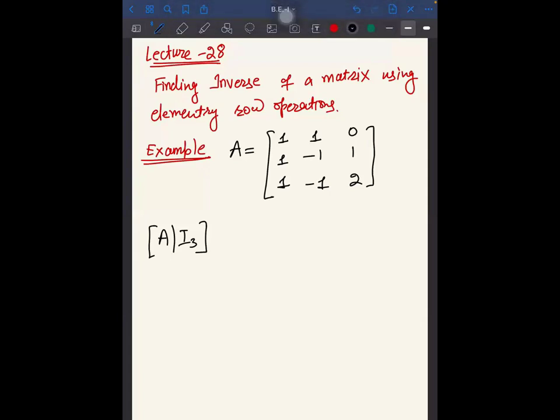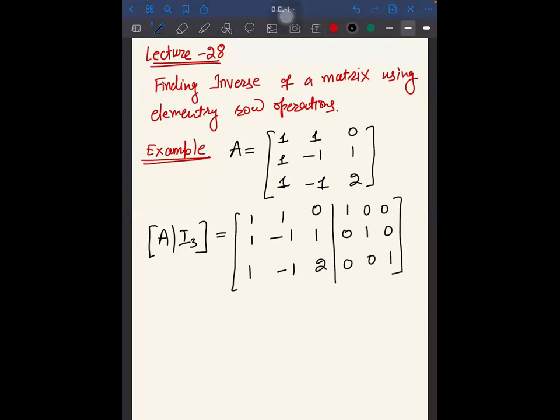Okay. So this is there, and we shall have the identity matrix over here in this way.